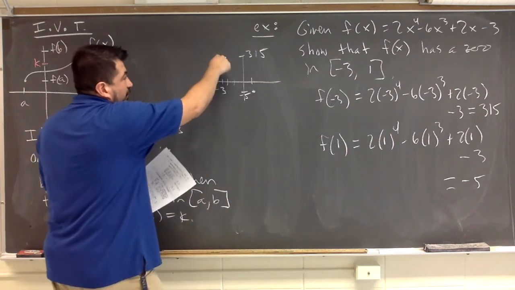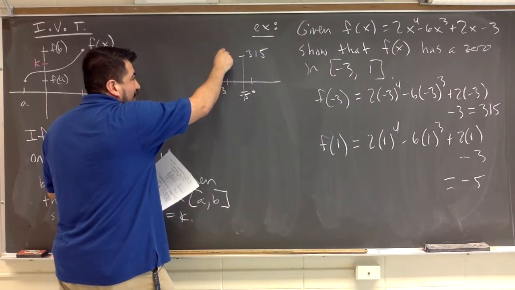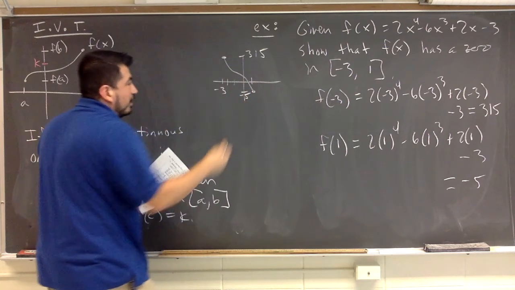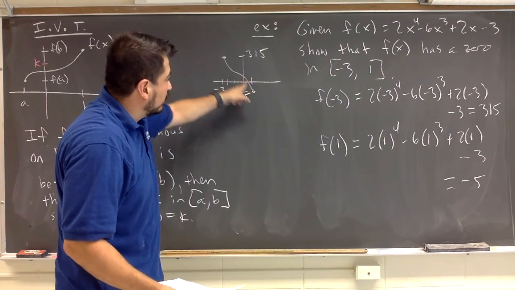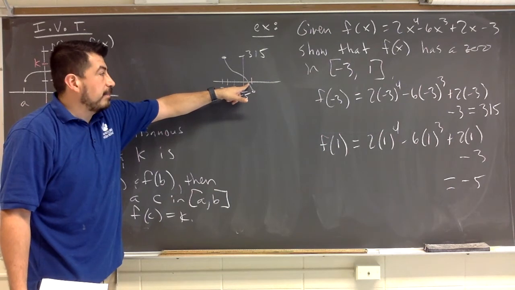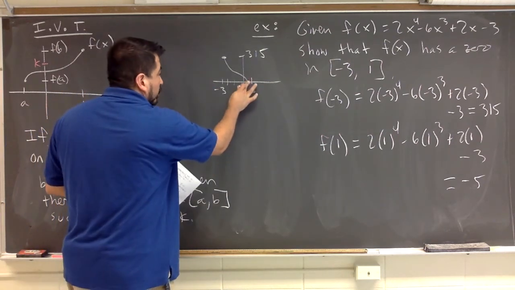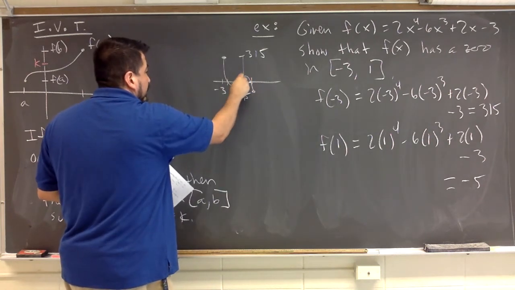To get from this point to this point, if the graph is continuous, it has to hit the x-axis at some point. There's no doubt about it. It might look something like this, or like that, or it might just be a straight line. It doesn't really matter. At some point it's going to hit the x-axis, which is what we mean by having a 0. It could also have multiple zeros, in this case 3.